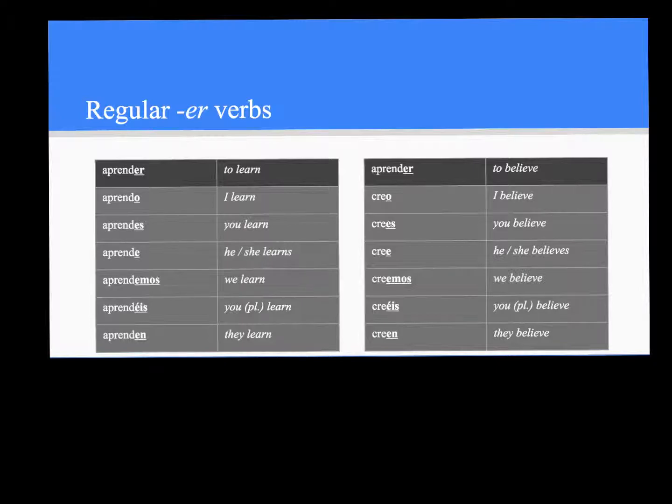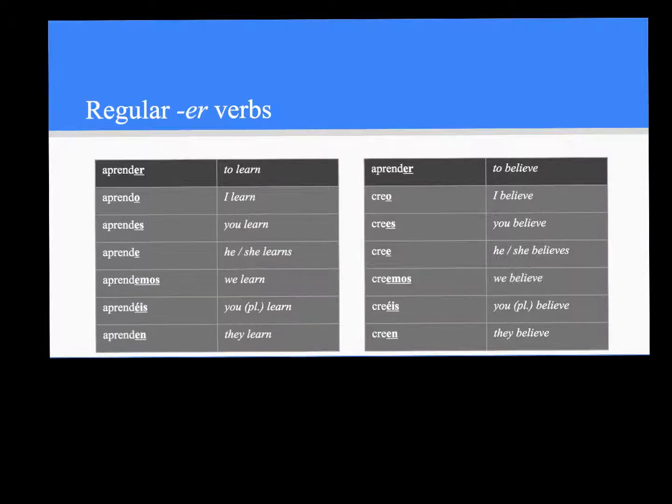There is a slight difference when we go into the plural, though. The nosotros form, the we form, is aprendemos, and the vosotros form, the you plural form, aprendéis. The ellos, or ellas, they form is aprenden.